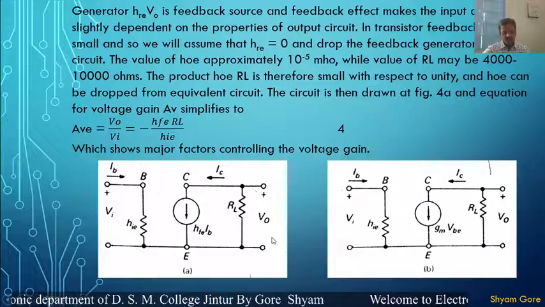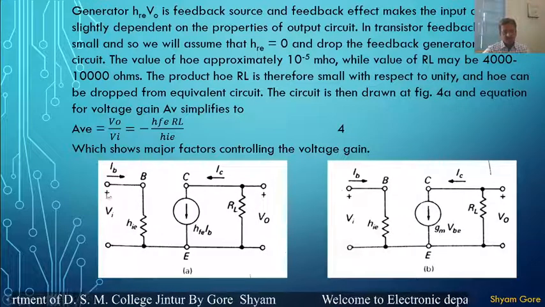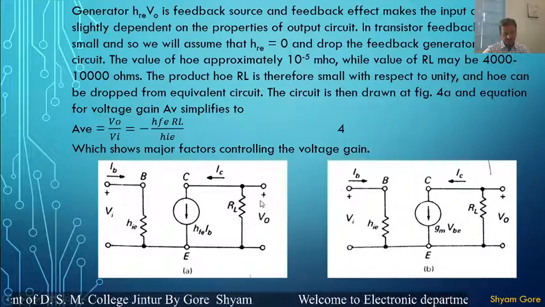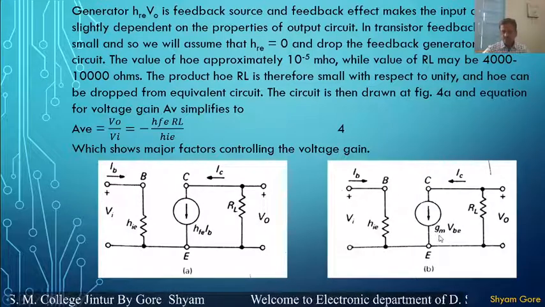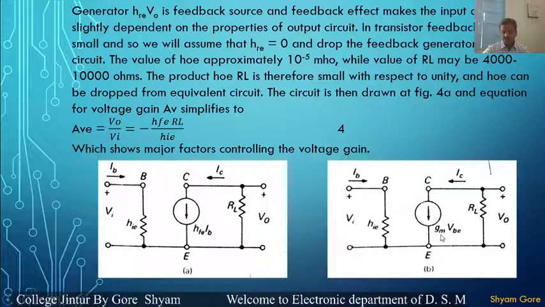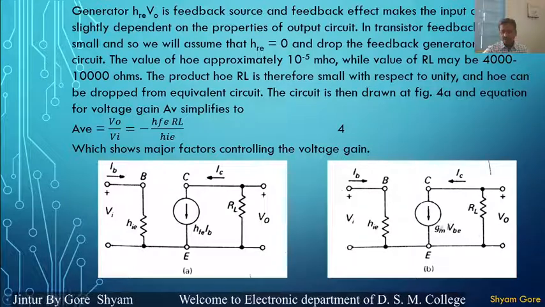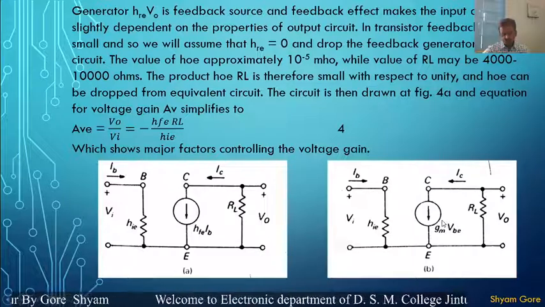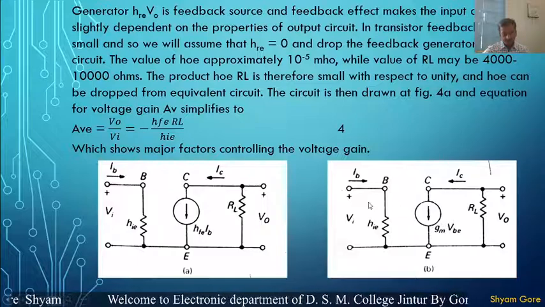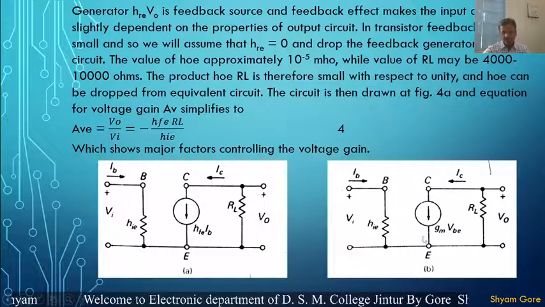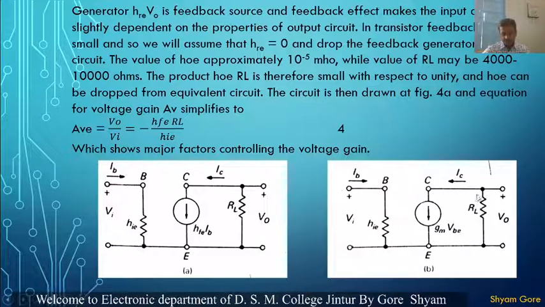So, this is the equivalent circuit for the bipolar junction transistor, and this circuit is the same, only here the GM model is used, that is GM into VB, in place of HFE into IB. We can use such types of equivalent circuits for the bipolar junction transistor.